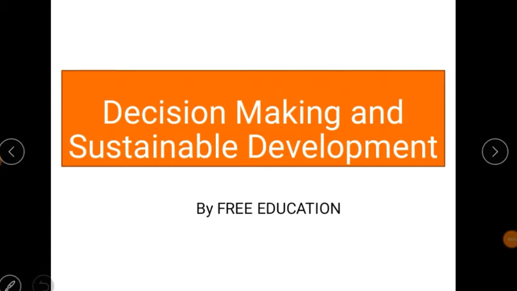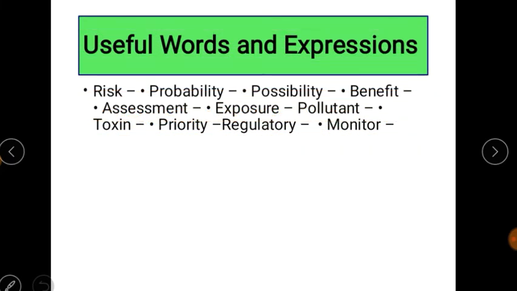We will discuss one topic from environmental science, and the topic is decision making and sustainable development. Some useful words and expressions are there. Risk: what are the risks associated with environmental problems?